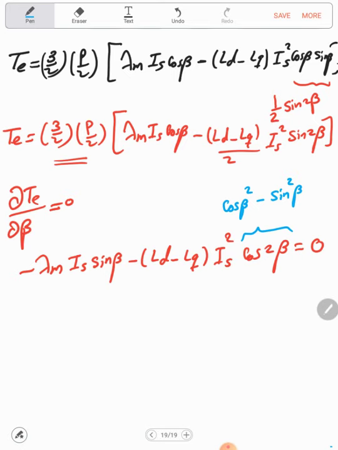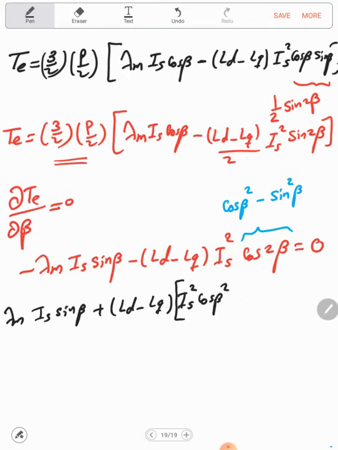So if we do so, I don't need this minus, I can multiply all by minus, so I will end up with lambda m IS sine beta plus LD minus LQ times IS square cosine square beta minus IS square sine square beta.